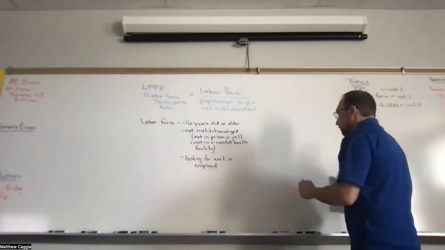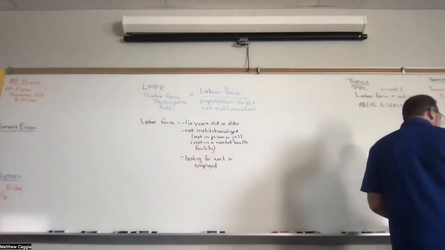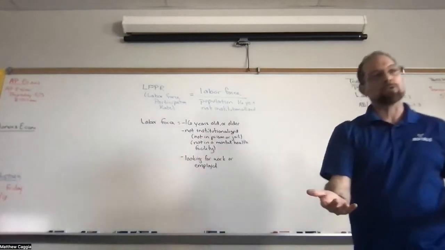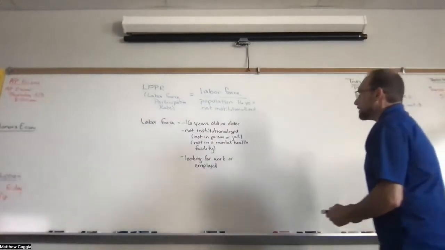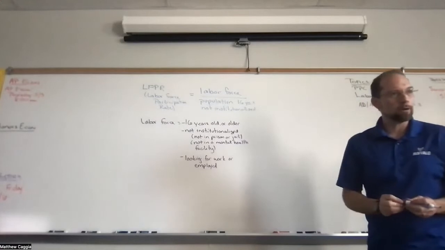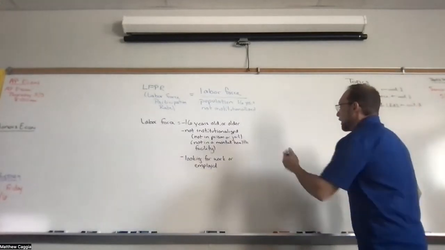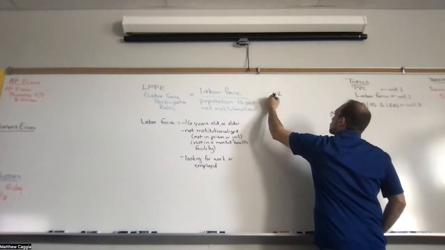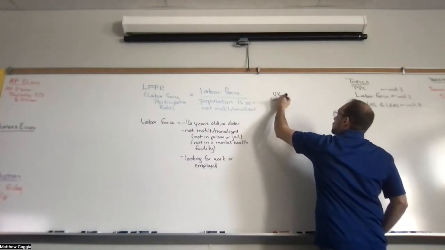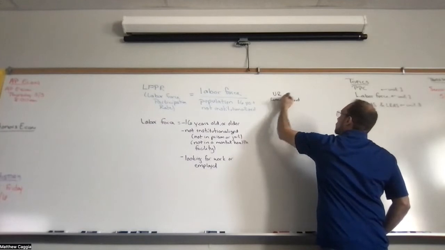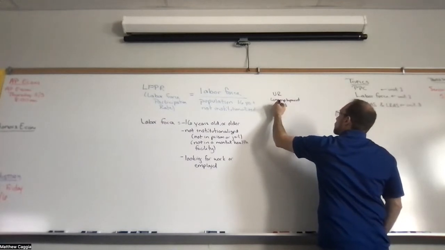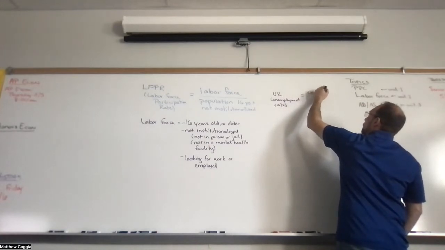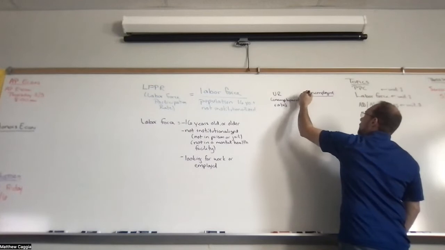And so the unemployment rate. If you look at the everything-you-need-to-know page that I gave you today for unit 2, we've got the different types of unemployment on there to refresh your memory. The unemployment rate is equal to the number of people unemployed divided by the labor force.